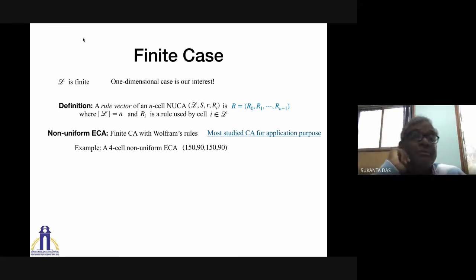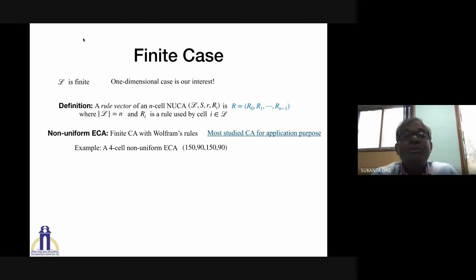Take an example of a four cell non-uniform CA. This example I have given, 150 90 150 90. Let me recall it again. This is called a rule vector, and here we write the rule vector in this fashion.